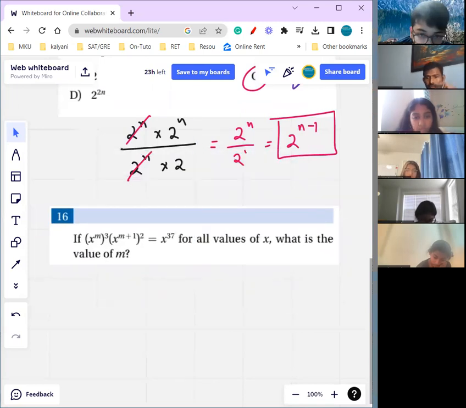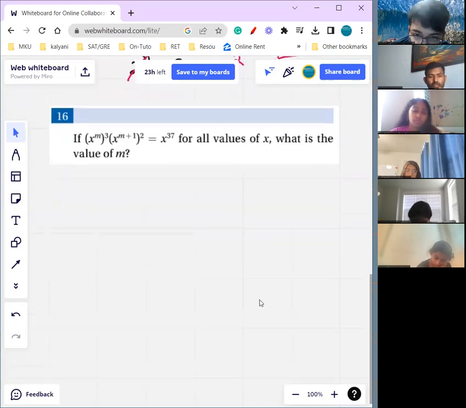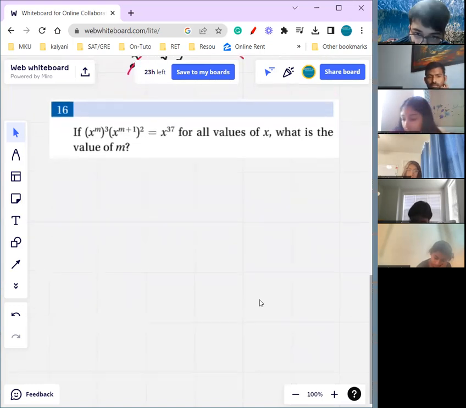If x to the power of m, all to the power of 3, times x to the power of m plus 1, all to the power of 2, equals x to the power of 37 for all values of x, what is the value of m? So they gave you an exponential equation, and we're trying to figure out the value of m in this case.